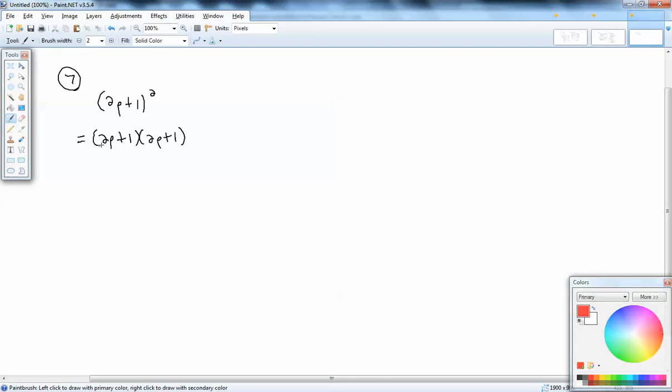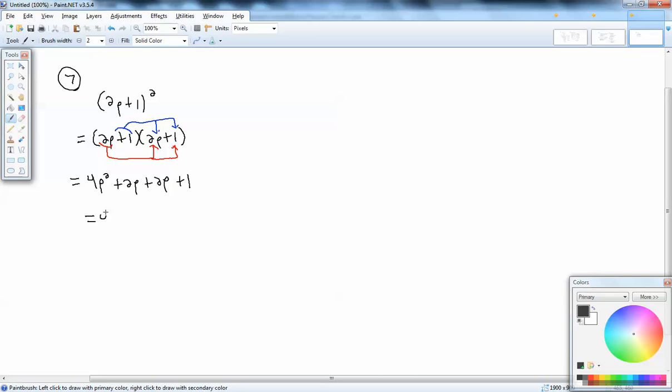Now we're going to take our first term, the 2p, and we'll multiply it times each term over here, times the 2p and times the 1. And then we're going to take our second term, this positive 1, multiply it times the 2p and times the positive 1 over there. 2p times 2p gives us 4p squared. 2p times 1 is 2p. 1 times 2p is 2p, and 1 times 1 is 1.